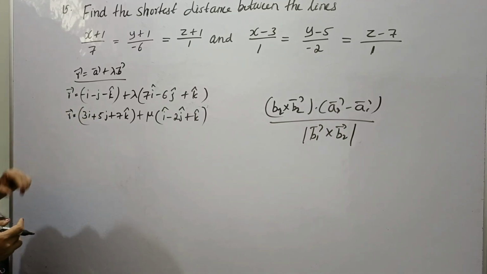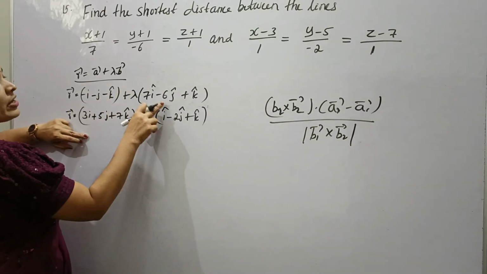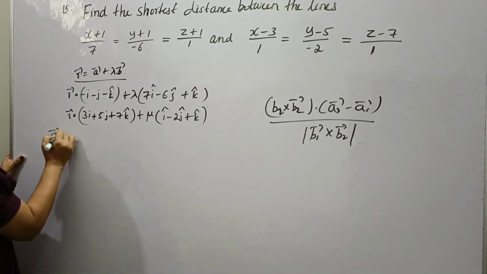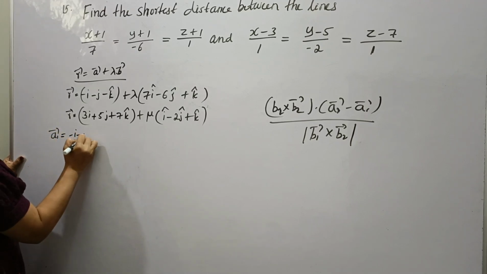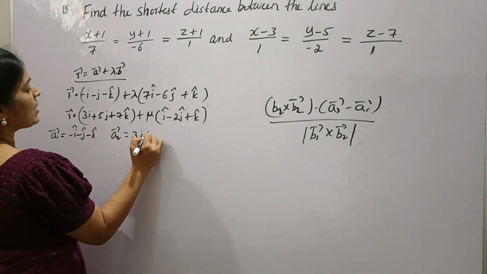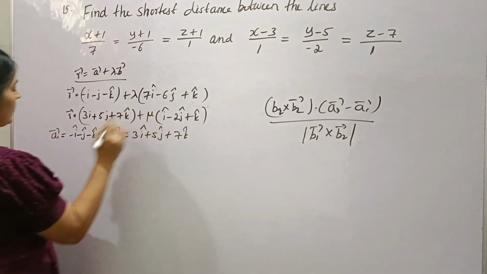So here now let's write vector a1, vector b1, vector a2, vector b2. Right. So vector a1 is equal to minus i minus j minus k. Vector a2 is equal to 3i plus 5j plus 7k.